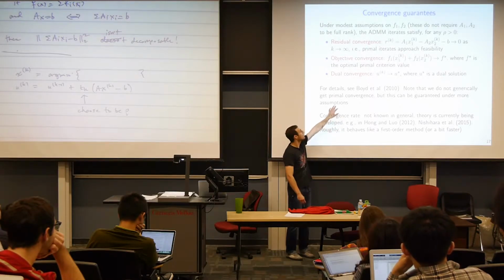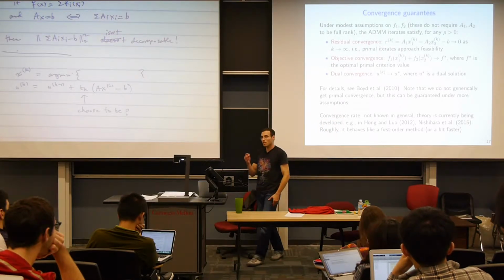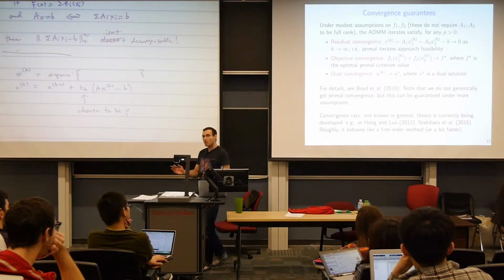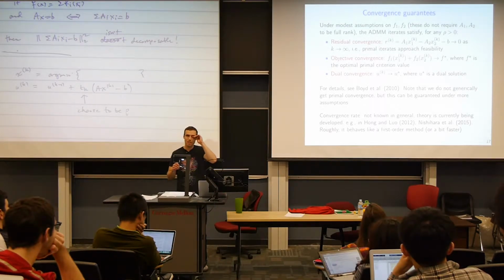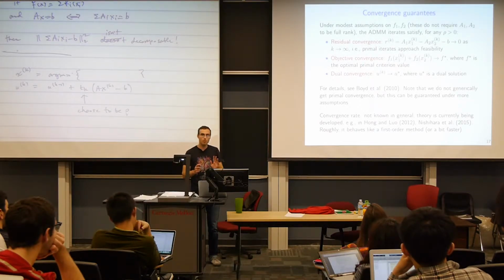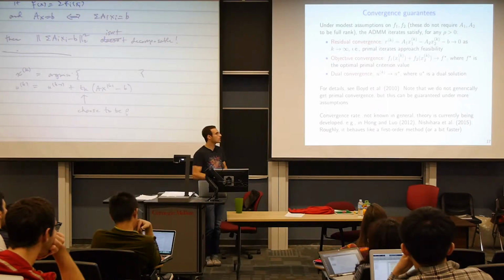We don't generically get primal convergence, so x^k convergent to x star. But under a few more assumptions, we do. And so I've left out a lot of details about how these compare theoretically to dual methods and augmented Lagrangians. But maybe suffice it to say at a high level, these have properties that are much closer to augmented Lagrangians than generic dual methods.